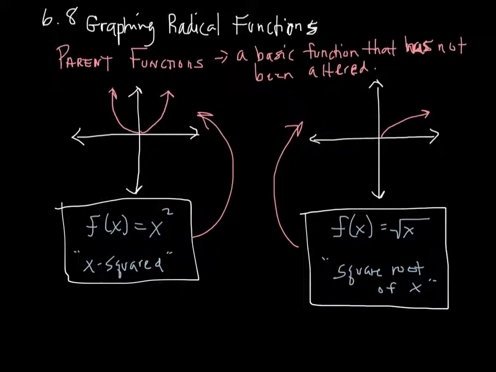Each graph of each function is known as its parent function, a basic function that has not been altered. We also have translations of each of these graphs or functions, which are different versions of the parent function that have been altered by adding operations.